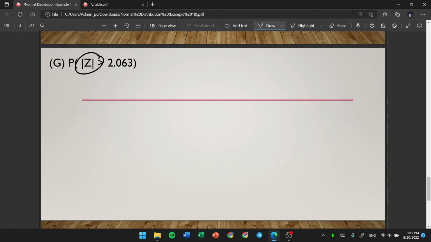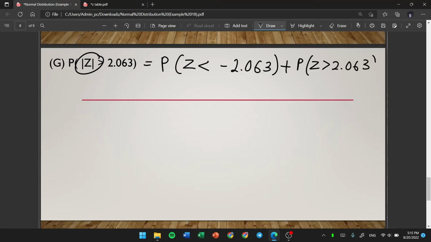Okay, so you will get here P(Z less than negative 2.063) plus P(Z greater than 2.063). How do we get this? Let's draw a diagram. So that's why first step, always draw the bell shape.